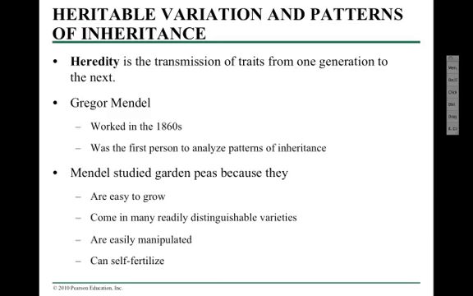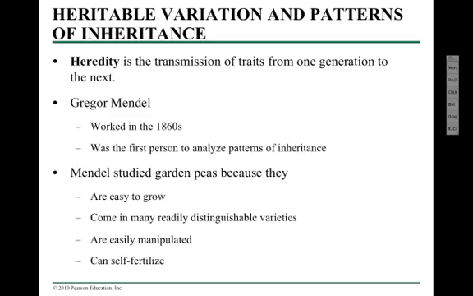Now, this work was all started by a monk named Gregor Mendel. And he started his work in the 1860s. He actually grew up on a farm, and he had done a lot of mathematical analysis of different plants, and he was trying to figure out what was passed down from parent to child, and so on.